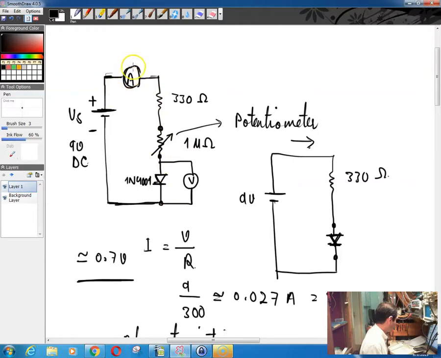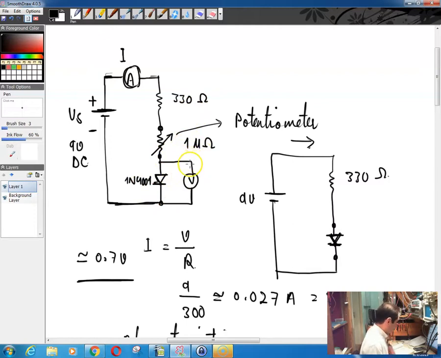The current that you measure here is the current going through this resistor, also through this resistor, and also through the diode. And that's basically the same. If I call it I, I is going through this ammeter, this resistor, this potentiometer, and also through the diode.